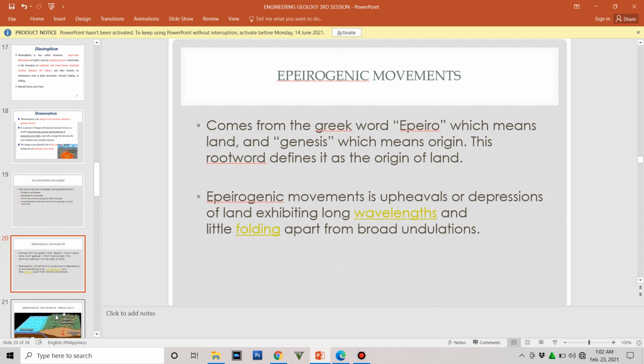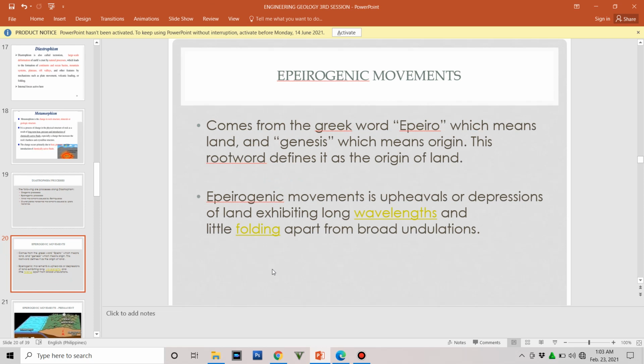So let us have EPEIROGENIC movement description. So EPEIROGENIC comes from the Greek word epeiro, which means land, and genesis, which means origin. So the root word itself defines it as the origin of land. Okay?